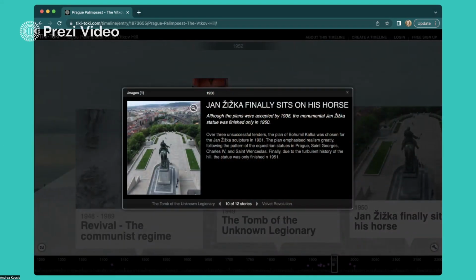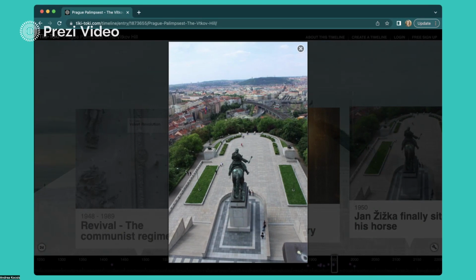The same thing happened to Jan Žižka's monumental equestrian statue, which was already planned in the 30s, but due to the stormy history, it was able to be finished only in 1950.